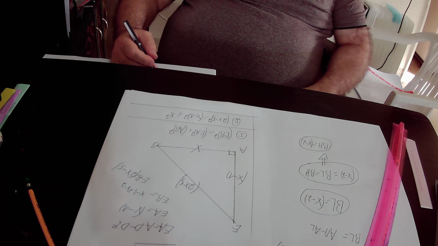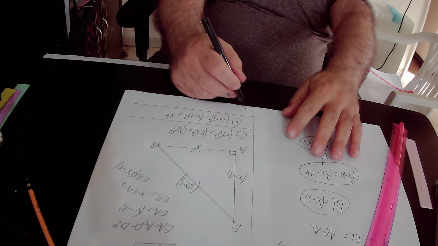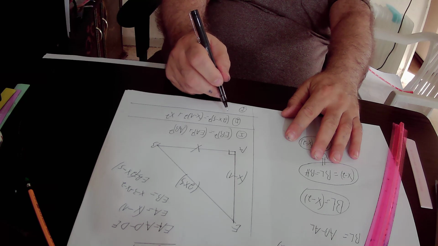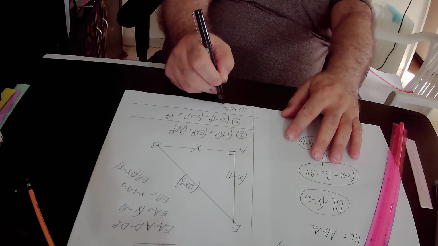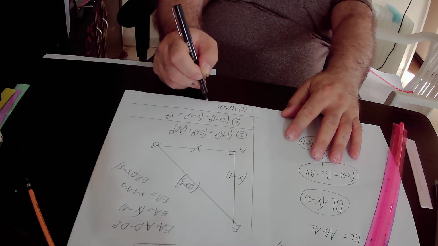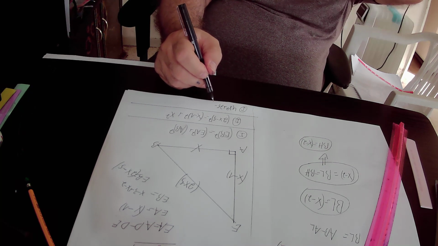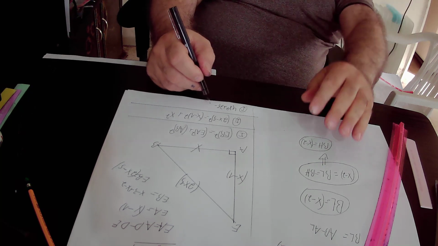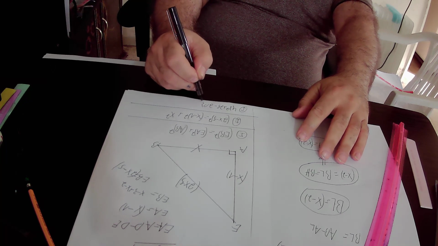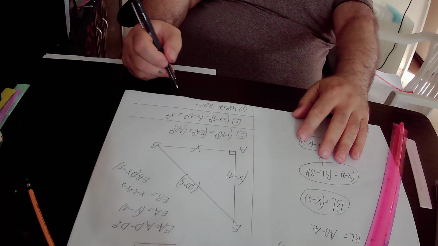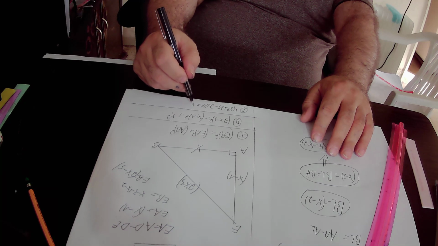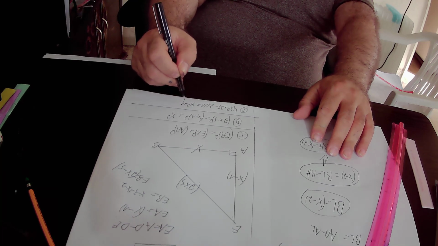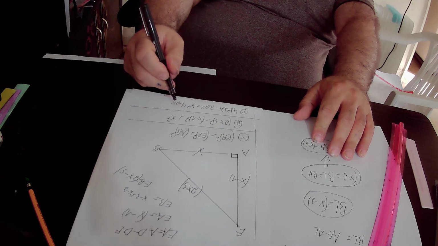So (2x minus 5) squared equals (2x) squared, that is 4x squared, plus 5 squared, that is 25, minus 2 times 2x times 5, which is minus 20x. And it is equal to (x minus 1) squared, which is x squared plus 1 squared, that is 1, minus 2x plus x squared.